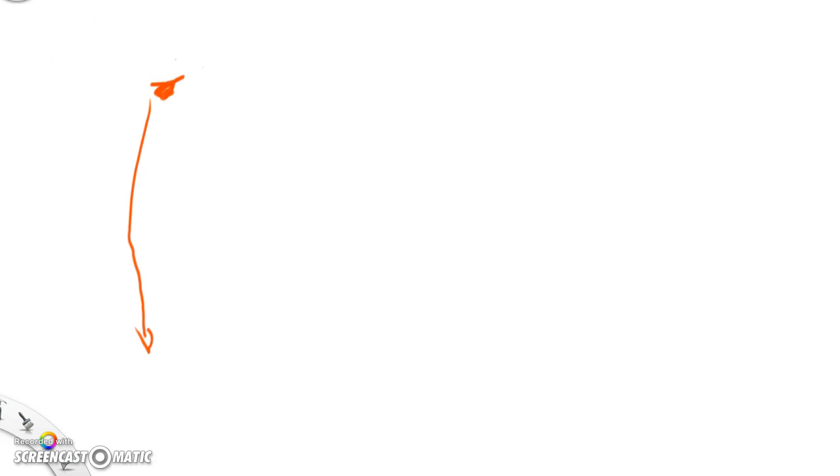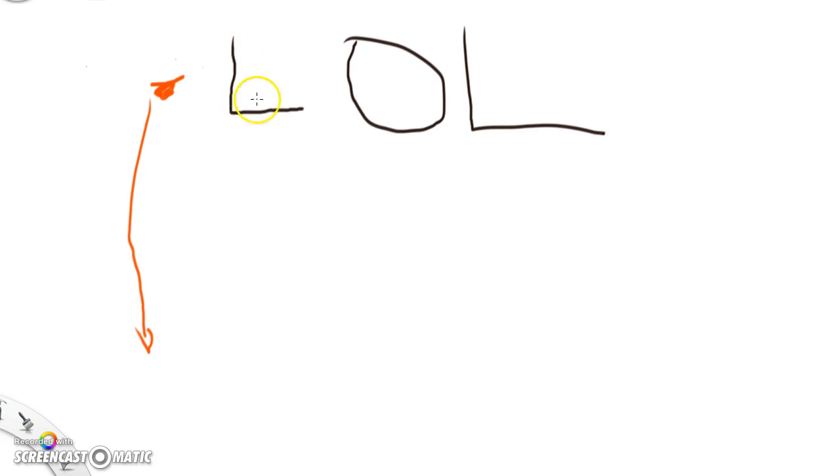So we can diagram this with a chart that we call an LOL chart, and I showed you guys an example already. Okay, so this is our LOL chart. When the apple starts, if we're just going to look at the energy contained in the apple, okay?